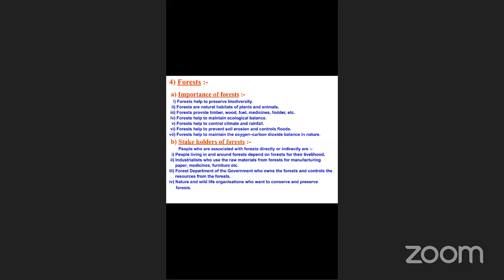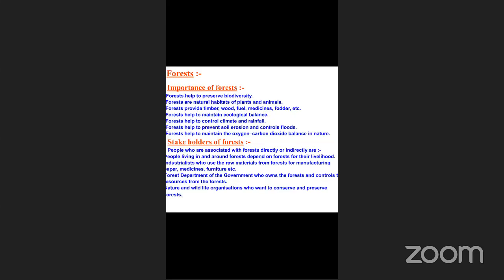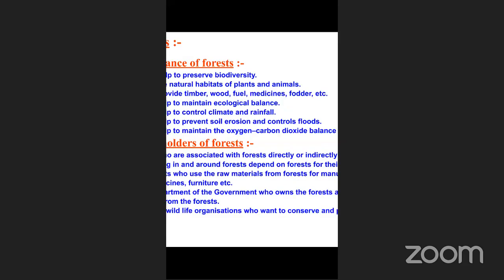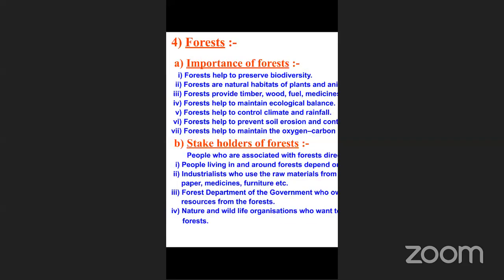The first point, forests help to preserve biodiversity. I have already told you. It is home for so many different varieties of plants and animals that we can find in this forest. Clear? Yes, children?